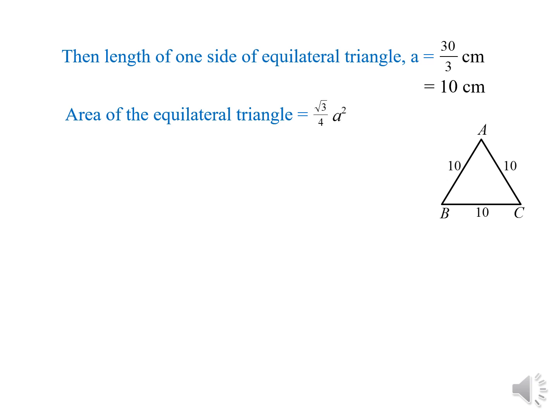Here the value of a is 10, so it becomes √3/4 × 10² square centimeter, that is √3/4 × 100 square centimeter. Then finally we get 25√3 square centimeter. This is the result of question number C, that is the area of the equilateral triangle is 25√3 square centimeter.